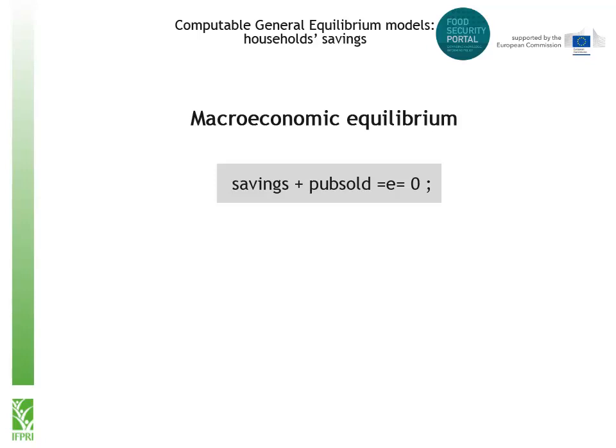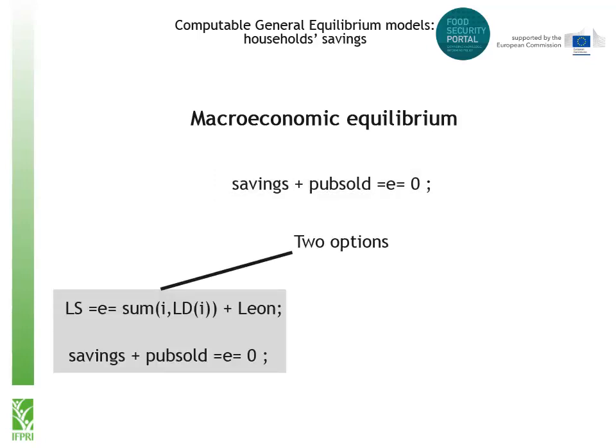Let me mention finally that there are two options here. First option, the Léon variable is kept on the labor market equilibrium. So you remember that we did that because the labor market equilibrium, labor supply is equal to labor demand, is not independent from others.